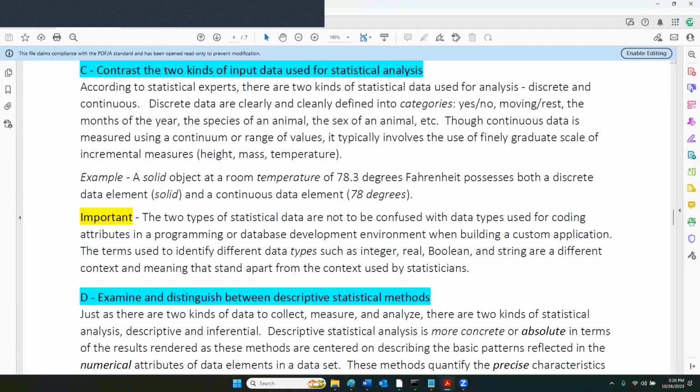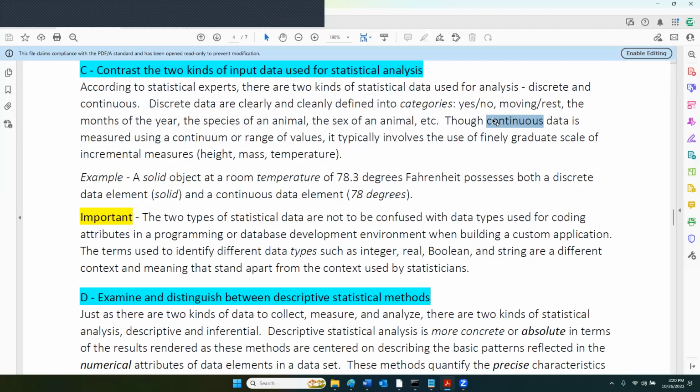We're talking about two broad categories of input data when we're doing statistics. And we said that there was discrete and continuous data. Discrete and continuous data.